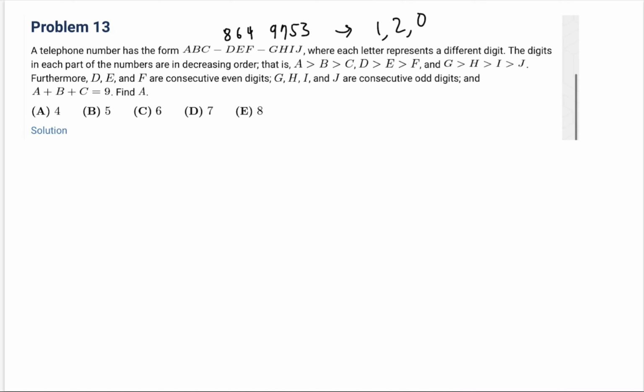They have to be consecutive even digits. So we have to fix something. Then we can make 8, 1, 0 left over, and so DEF would be 6, 4, 2. Yes, and so A plus B plus C is 9. A is the biggest out of these 3, so A is 8. So it's E.